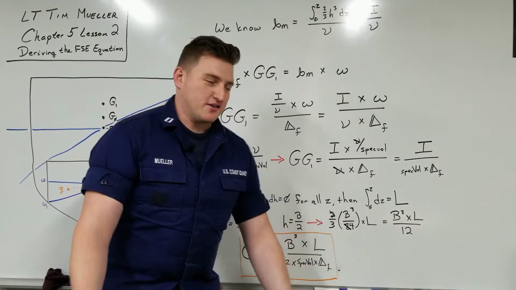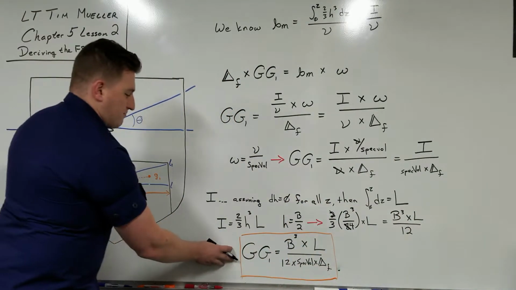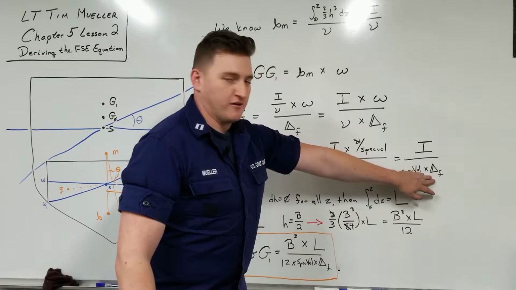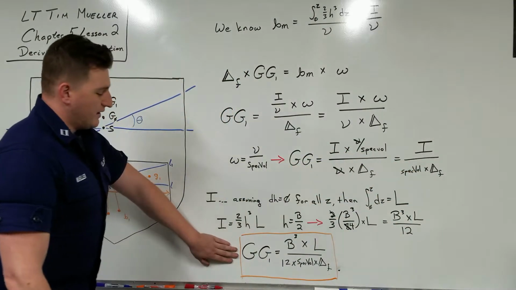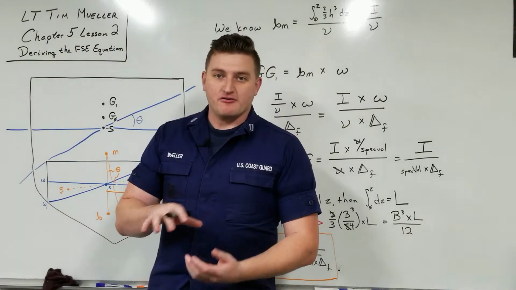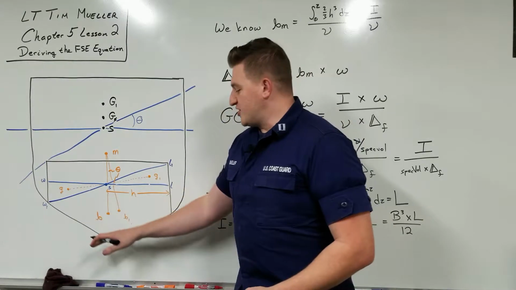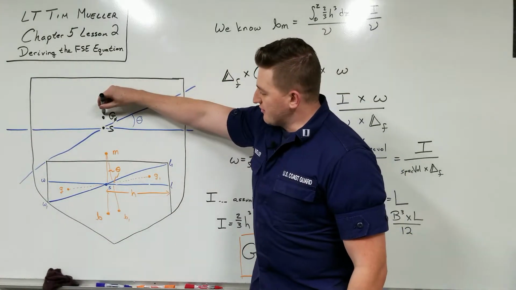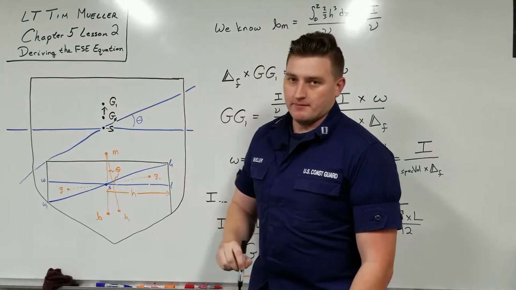And now this is the exciting part. You put this back into the formula. We originally had I divided by specific volume over delta F. Now we have GG1, which is the movement of the center of gravity of the ship. That's not KG, it's not this distance. It's just the distance from G0 to G1.